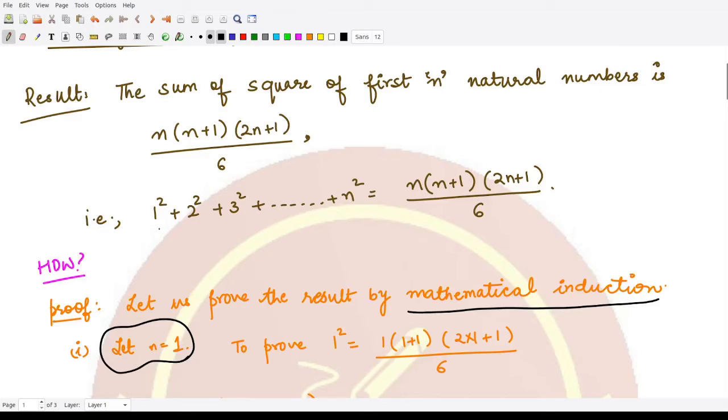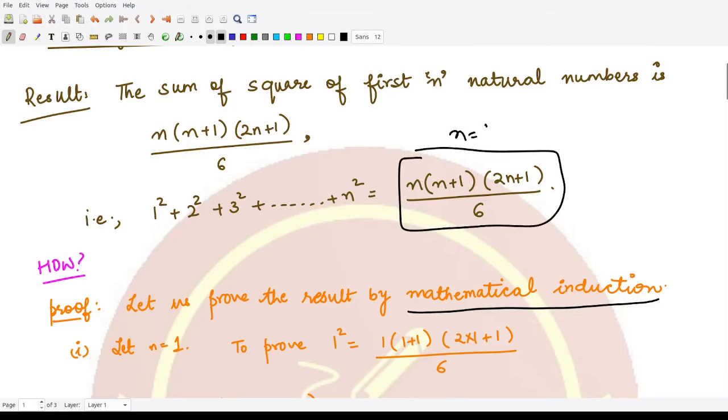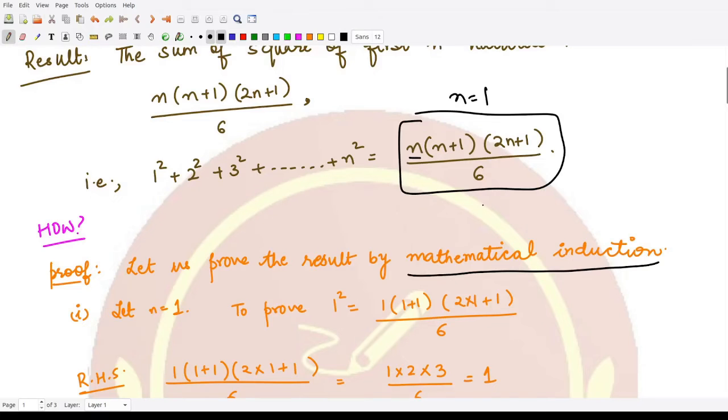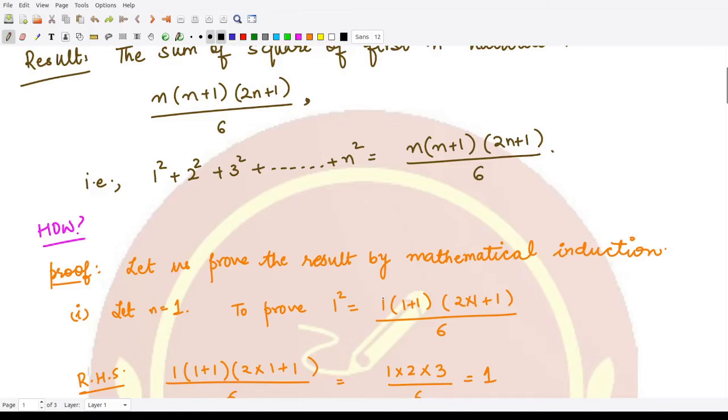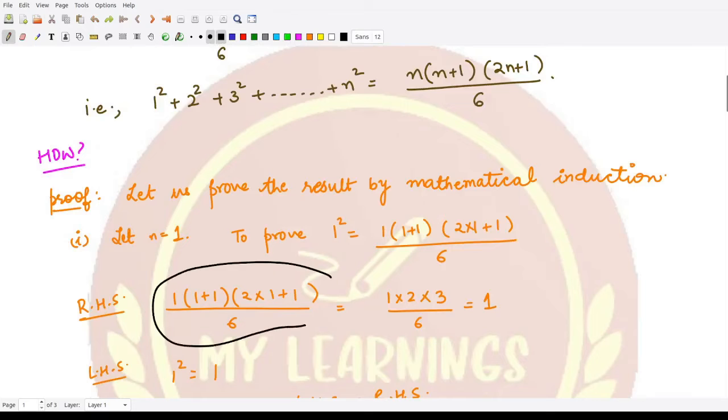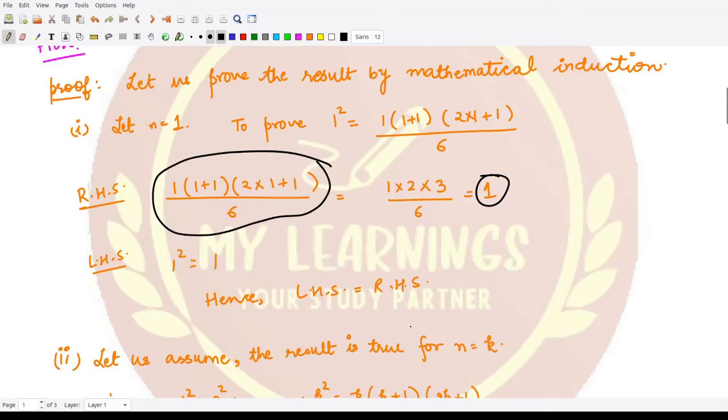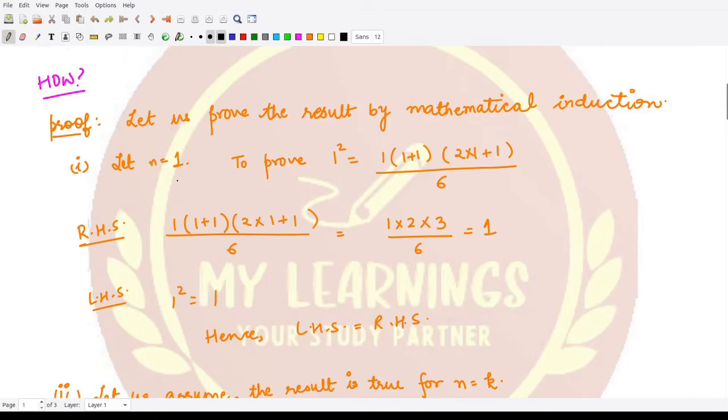When n is equal to 1, the left hand side is nothing but 1 square, which is 1. The right hand side is 1 into (1 plus 1) into (2 into 1 plus 1) divided by 6, which also gives 1. Hence the left hand side and right hand side are equal, and the result is true for n is equal to 1.